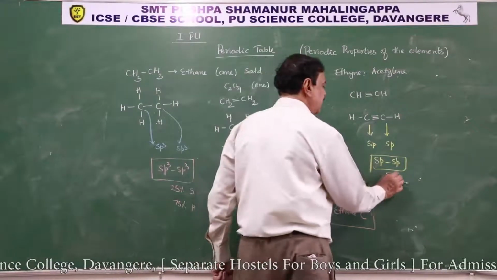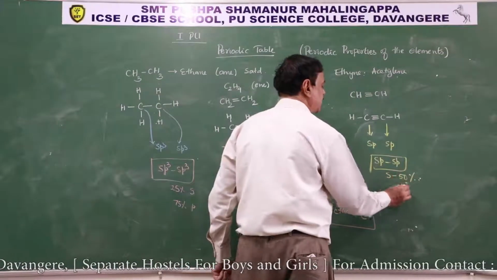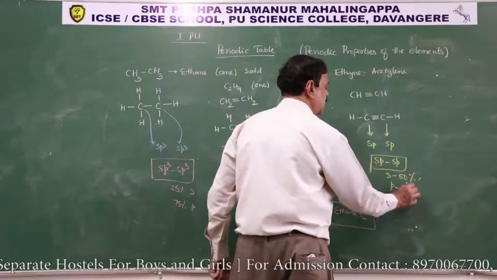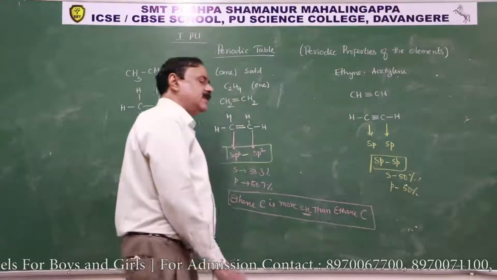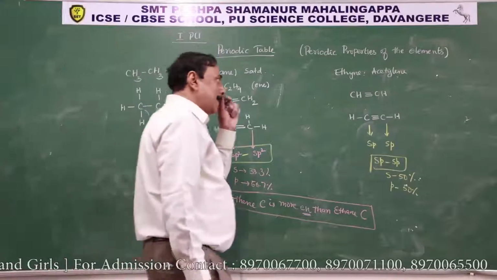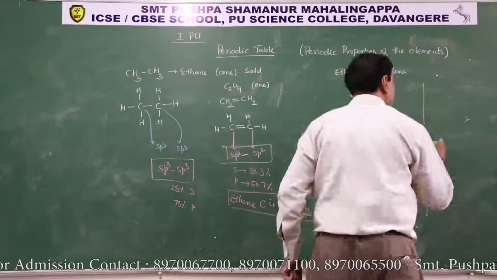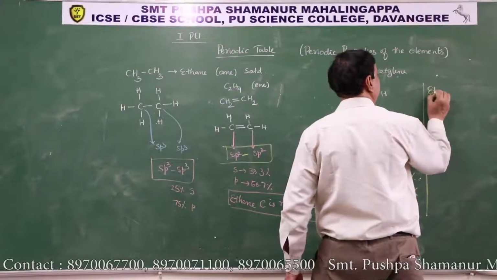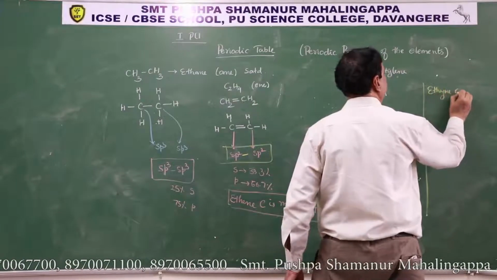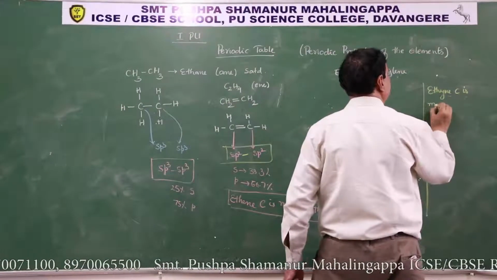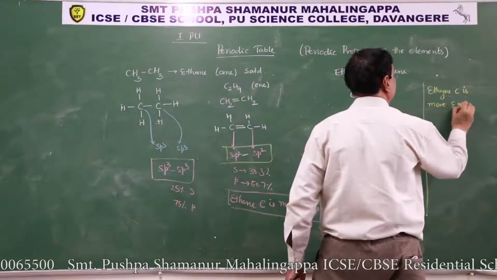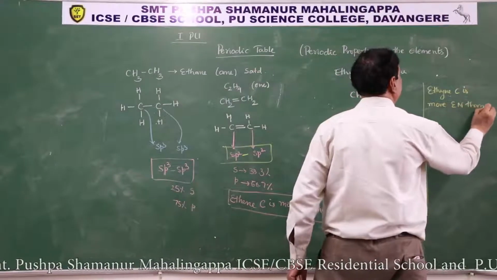Here S character is 50% and P character is also 50%. This implies that ethyne carbon is more electronegative than ethene carbon.